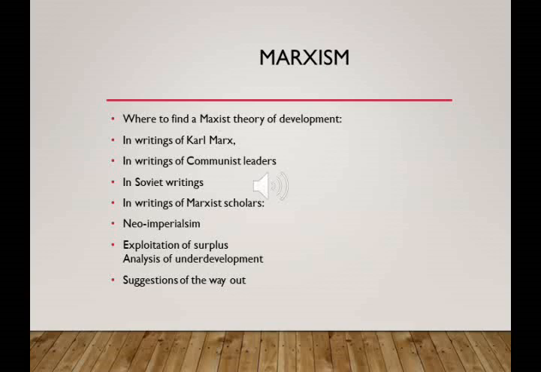Producers, those who are engaged in the process of production, once humanity has passed the primitive communist stage, produce more than is required for them to survive. The difference between what they produce and what they should get in order to reproduce themselves, to stay alive, and to continue to produce, is called surplus. And the surplus is taken by the dominant class, by the feudal lords, by the capitalists.